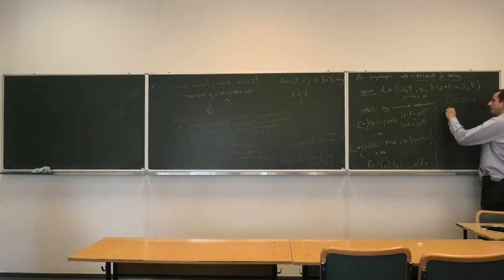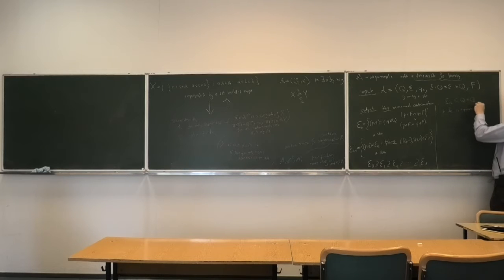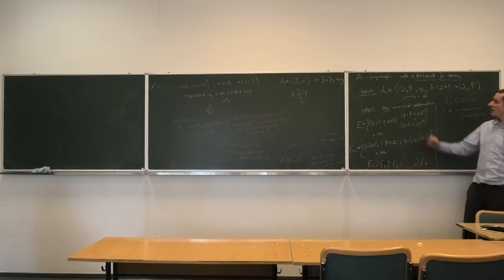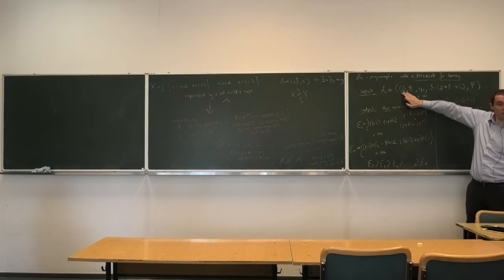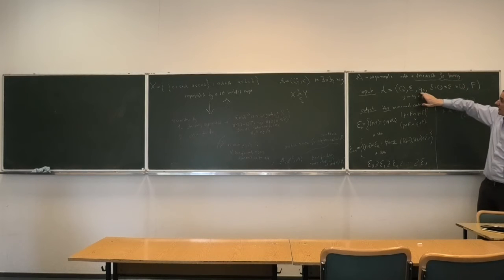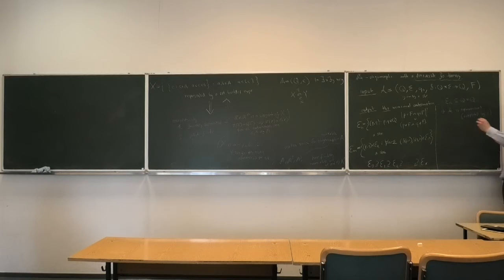If A is equivariant, which means supported by the empty tuple, which means that if I apply any automorphism of the atoms to Q, I get Q again. If I apply any automorphism of the atoms to sigma, I get sigma again, and the same is true for all things. Then the observation is as follows. Then also E_0, E_1, all of these are equivariant.